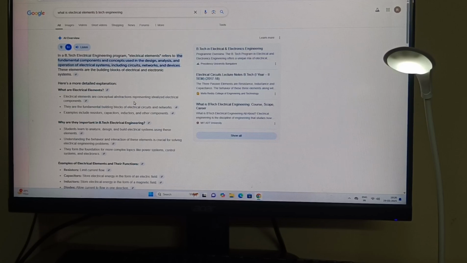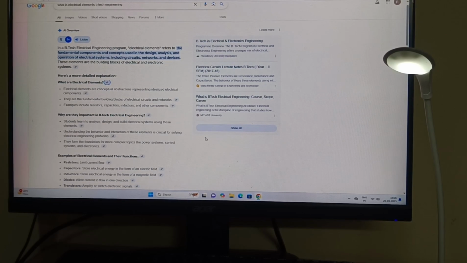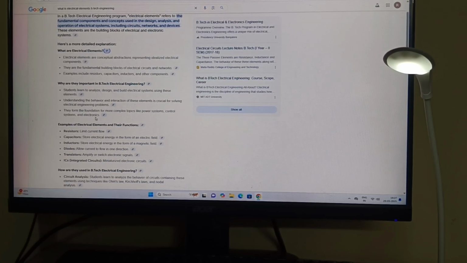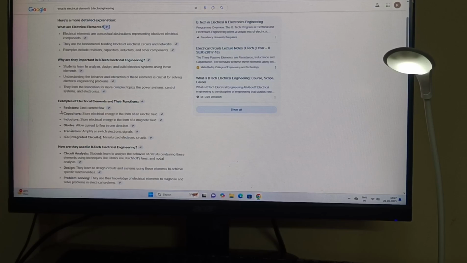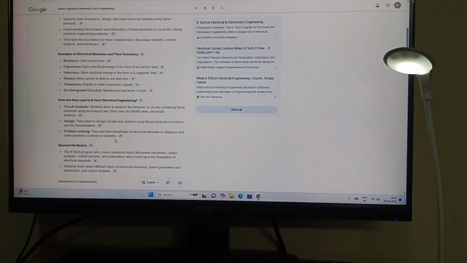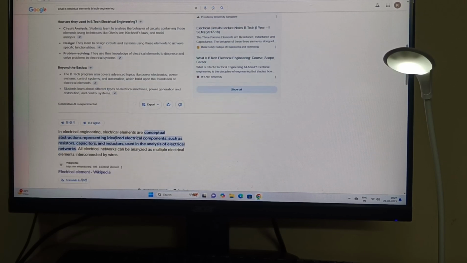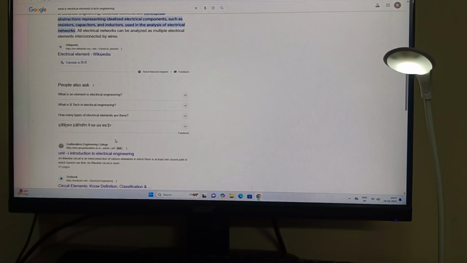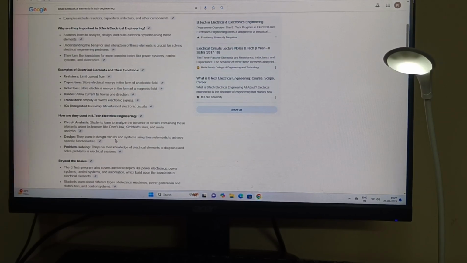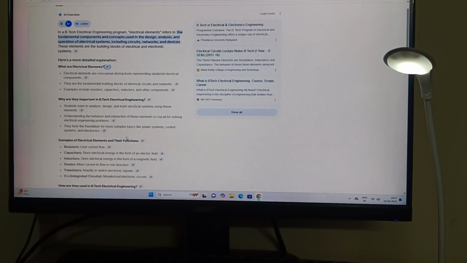They are the fundamental building blocks of electrical circuits. Under this come resistors, capacitors, inductors, diodes, transistors, and ICs, that is integrated circuits. So that's all about electrical elements.